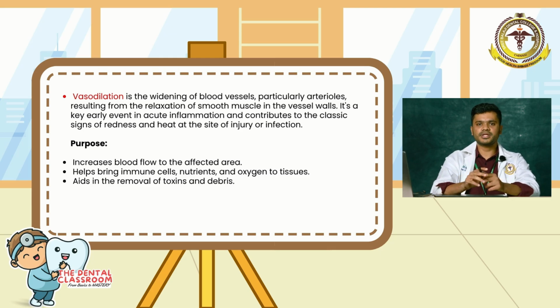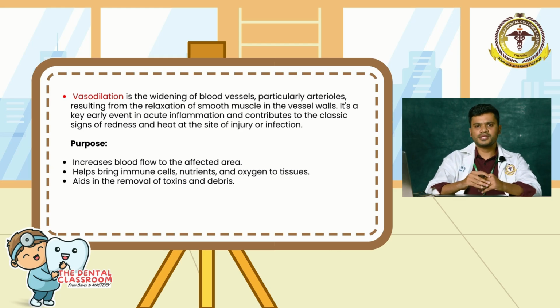In summary, if anyone asks what acute inflammation is, it is nothing but the immediate body's response against the infection or injury to reduce the multiplication of the bacteria or to reduce the damage happening to the host tissue. So this is acute inflammation.